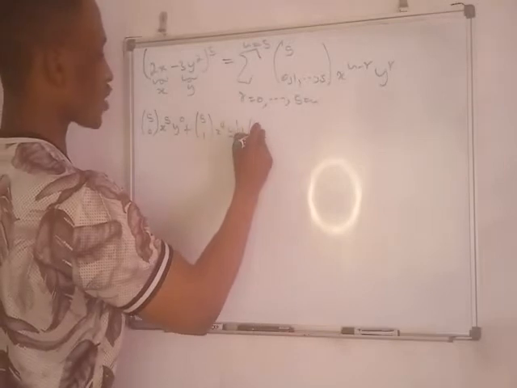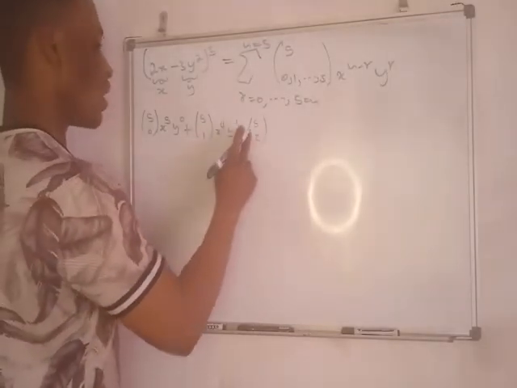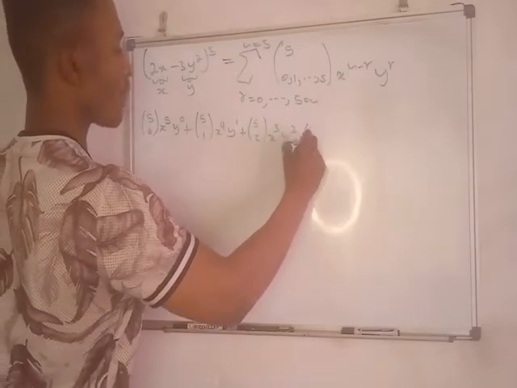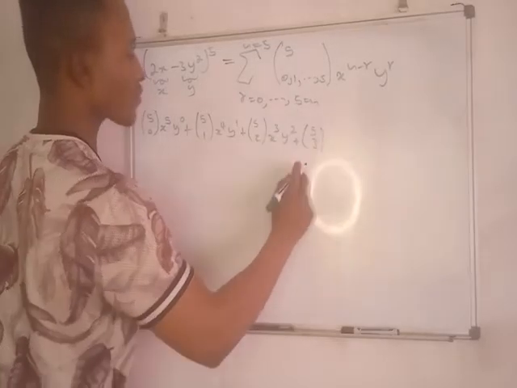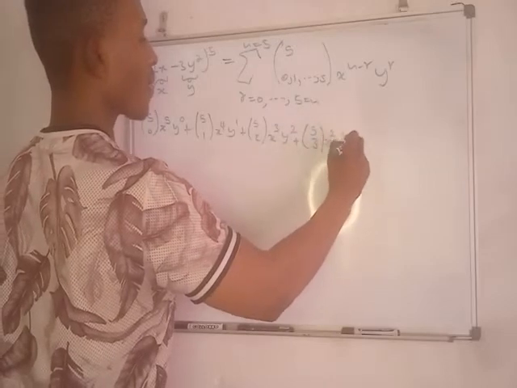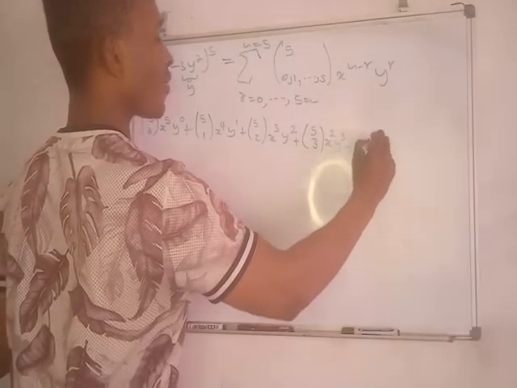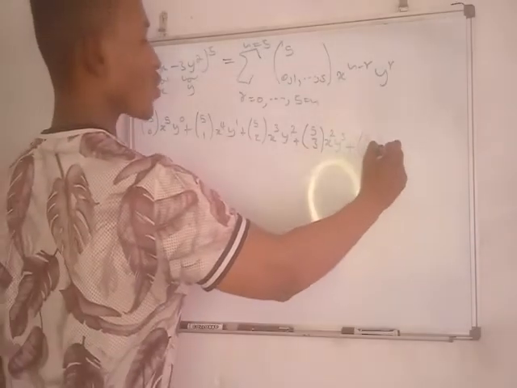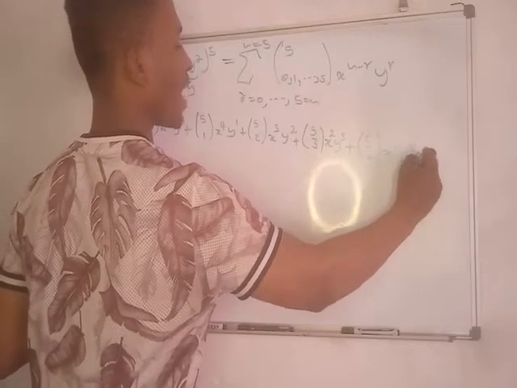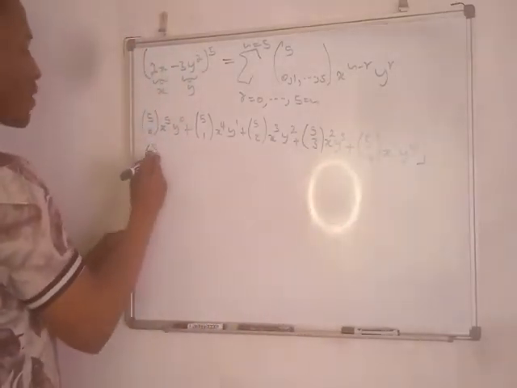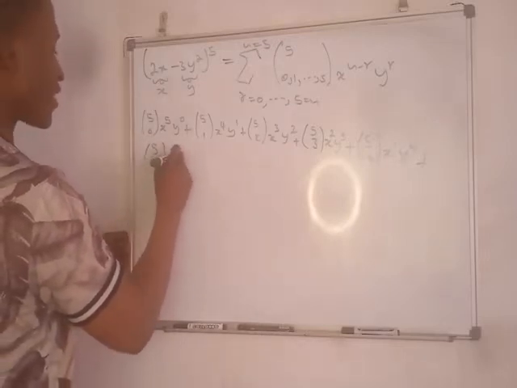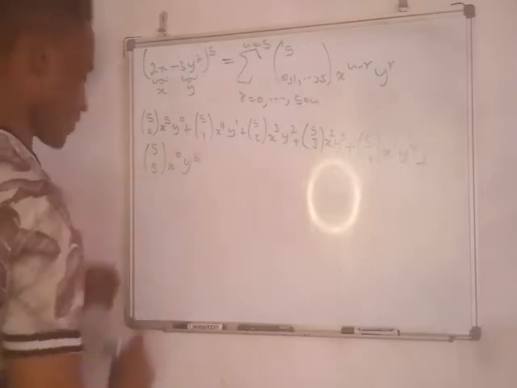Plus 5 combination 2: 5 minus 2 is 3, y to the exponent 2. Plus 5 combination 3: 5 minus 3 is 2, y to the power 3. Plus 5 combination 4: 5 minus 4 is just 1, and y to the exponent 4. Plus 5 combination 5: 5 minus 5 is 0, but y is to the 5.